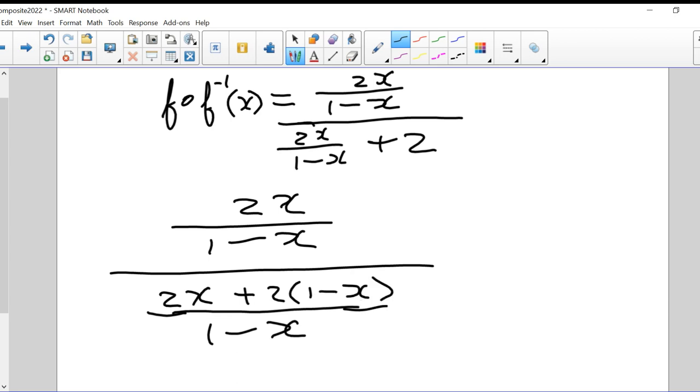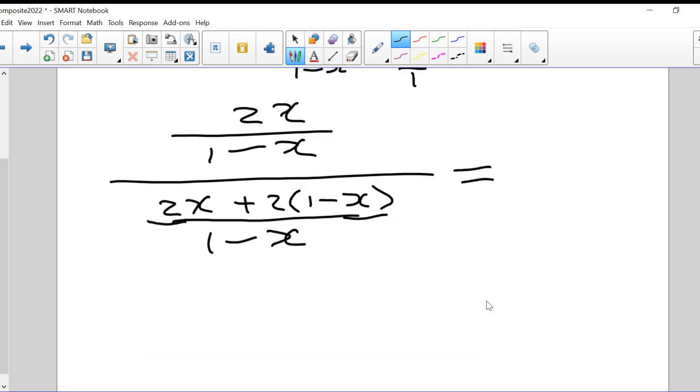Because what I've done is put this 2 over 1, if you like. The common denominator is 1 minus x. So what do I multiply 1 minus x by to get this 1 minus x down here? It's just going to be 2x, so that stays there. What do I multiply this 1 by to get 1 minus x? It's 2 times 1 minus x. Okay, let's move on. So the top is still 2x over 1 minus x.